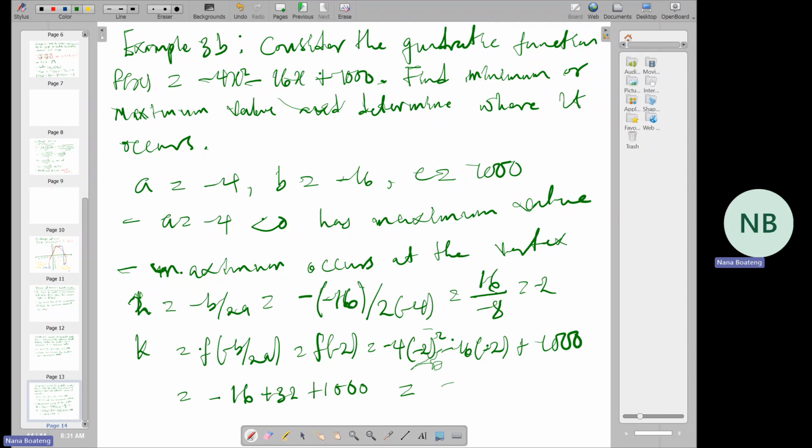So it's 1016, which becomes the maximum value of f. This is the maximum value of f.